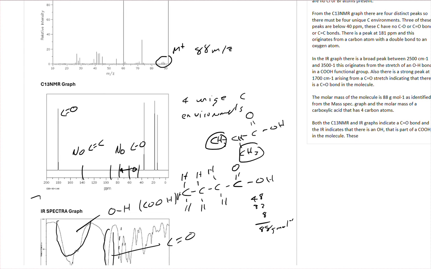These phenomena must have come from a COOH group. So we know that there's a carboxylic acid. We know there's 4 unique carbons. So the molecule must be butanoic acid.